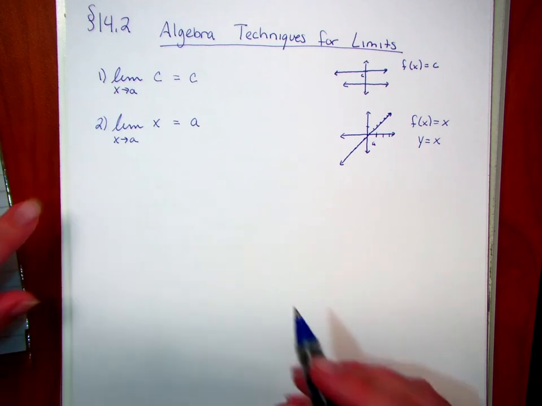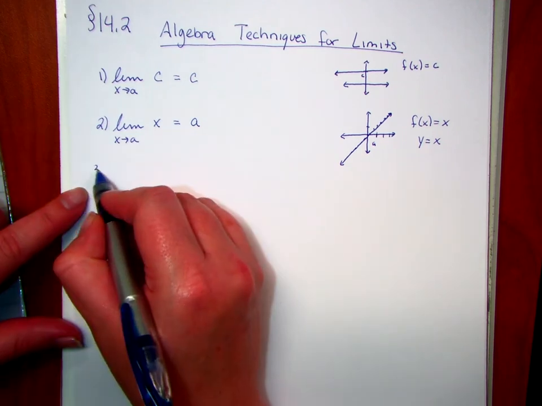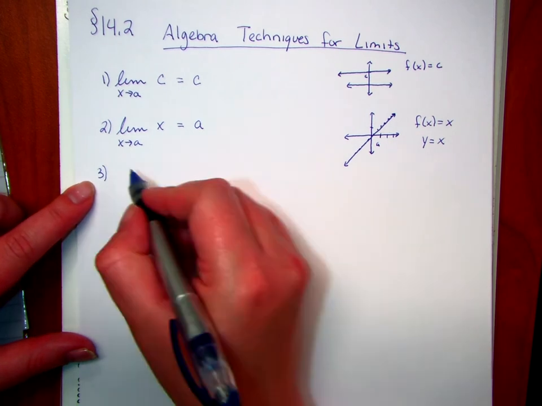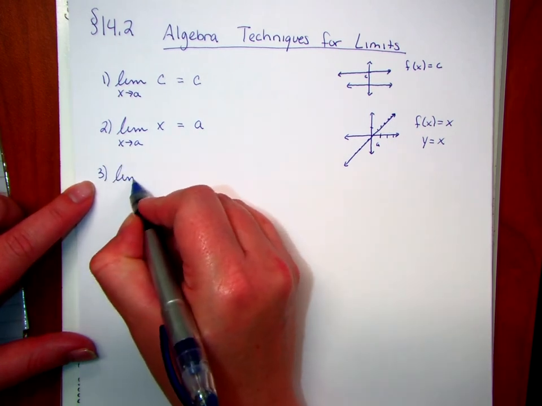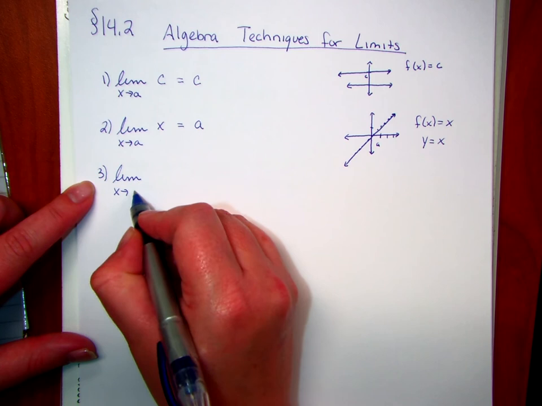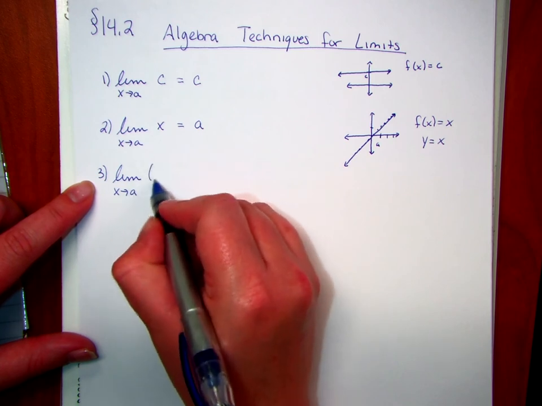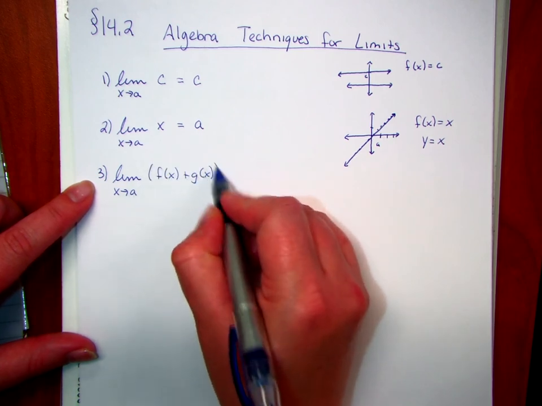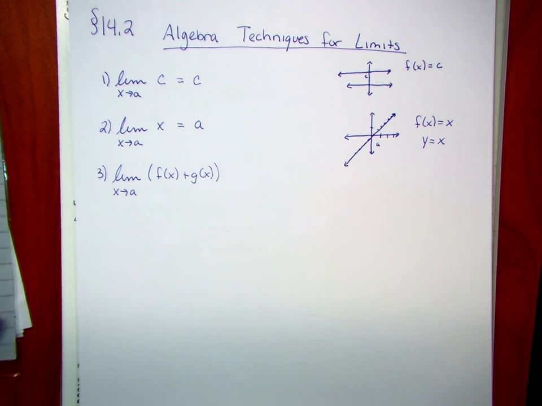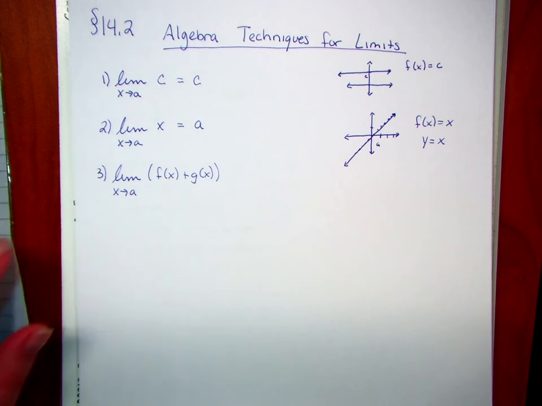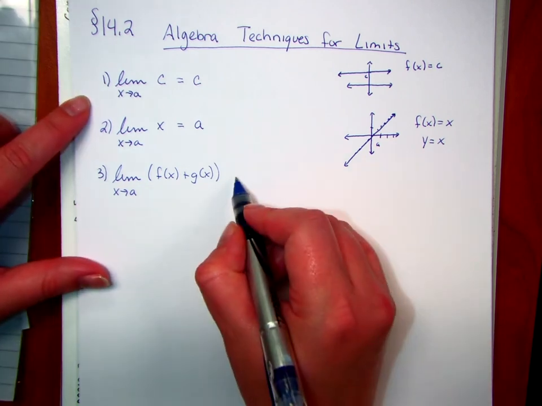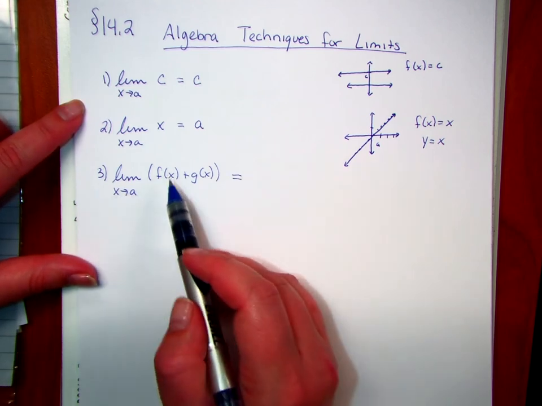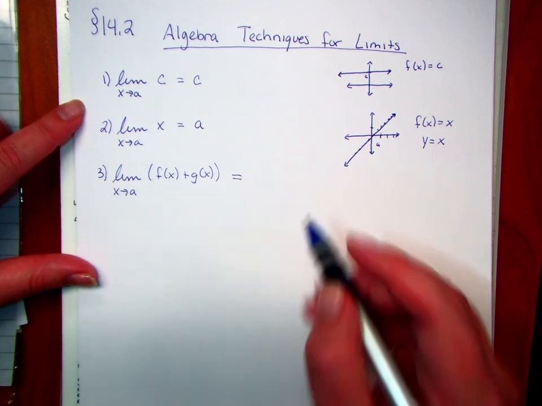Okay. So the next three are going to be kind of intuitive, but it just explains how limits work. So if we were to take the limit of a sum, right? So the sum of f and g. The way limits behave, we can take the limit of the first function plus the limit of the second function.